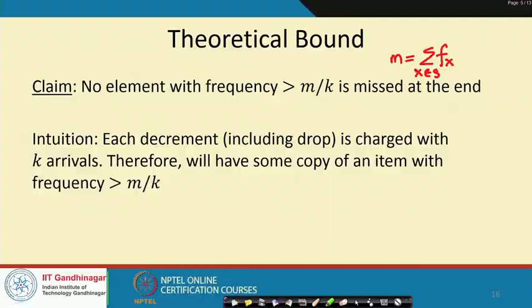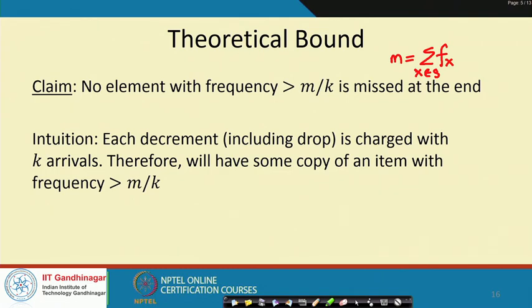but how many arrivals can there be in total? There cannot be more than m arrivals, because the length of the stream is m. So if there is an item with frequency greater than m by k, I could not have dropped or decremented all the copies of this item, because there can be at most m by k total decrements or drops per item.